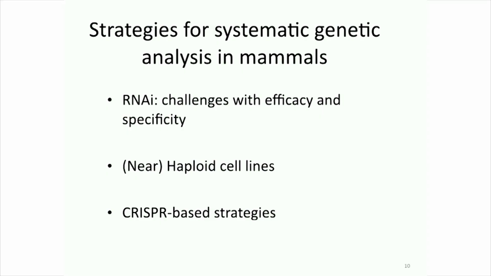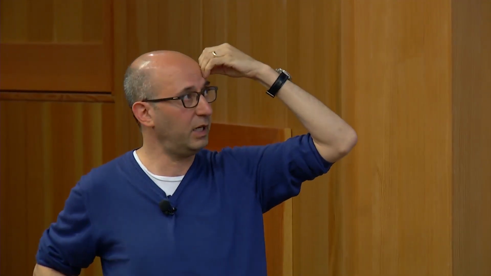proselytizing and giving you background, I'm going to switch gears and spend the second half of the talk talking more broadly about how similar approaches are being implemented in mammalian cells. You've heard a little bit from Luke about these approaches, and we're going to hear in much more depth from Max about how these are really implemented in experimental strategies.